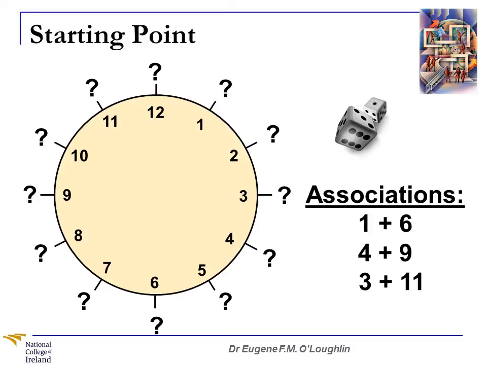Roll the dice again and we can compare and combine attribute number 4 with attribute number 9. Or roll it again and combine attribute number 3 with attribute number 11. The important thing here is that the associations are being generated randomly by using a pair of dice. And we look at the ensuing associations to see, can we generate some new ideas?